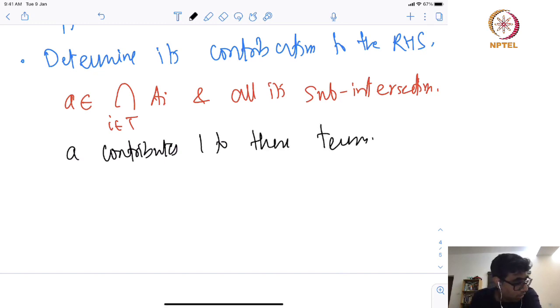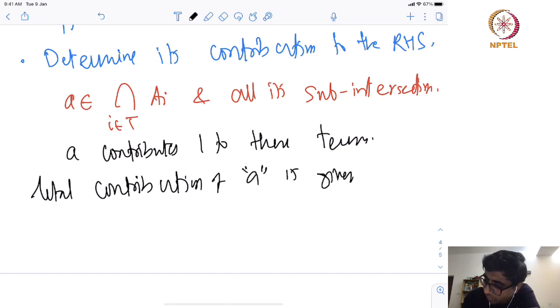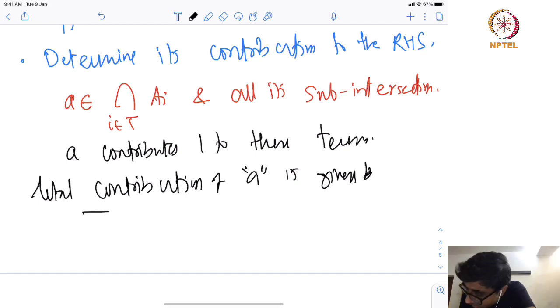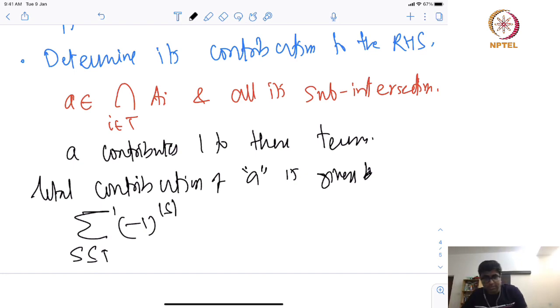So now the total contribution of A is given by the summation over S subset of T of minus 1 to the power cardinality of S. This is it, because all we are trying to see is the contribution of A. So A is going to contribute 1 to all of these, but now you also have the sign.